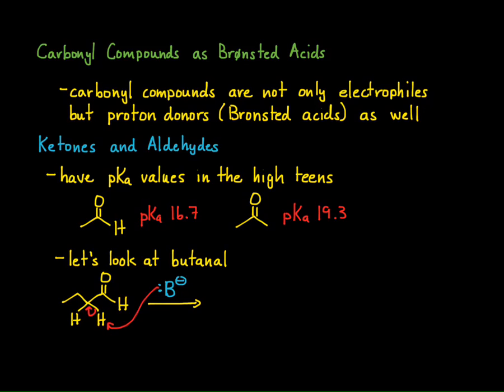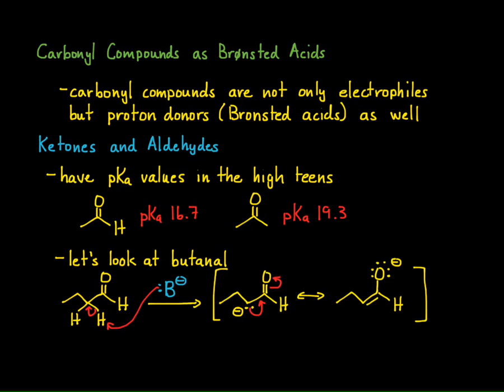And the reason for this, so let me draw the structure here. This is the enolate ion, and that enolate ion can be stabilized through resonance. When we look at the resonance structures, we see that there are two contributing resonance structures of the enolate ion, one that has a negative charge on the carbon, the other that has the negative charge on the oxygen.